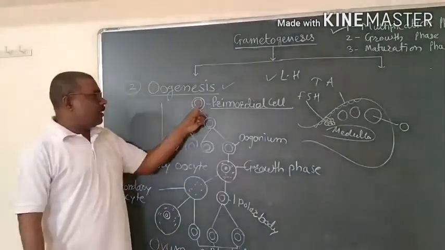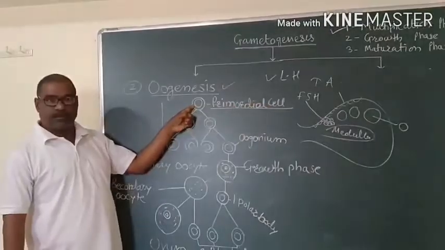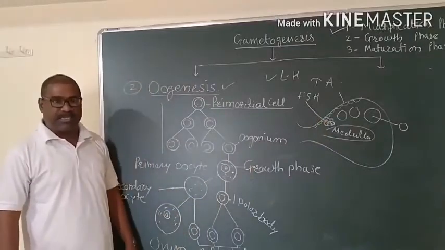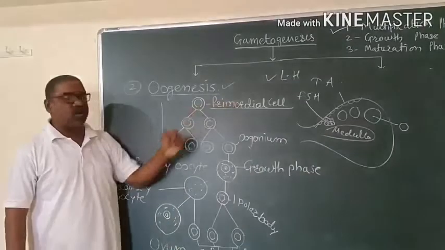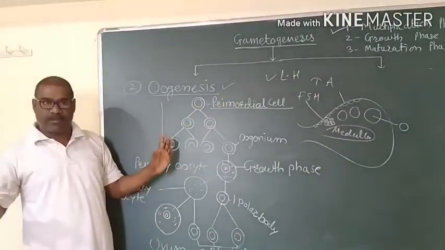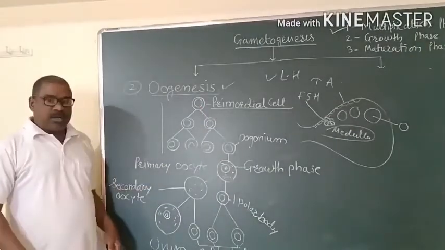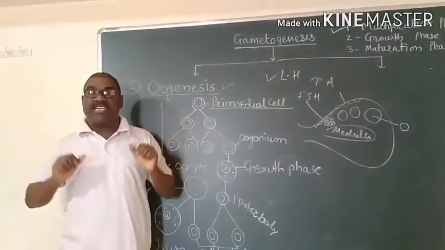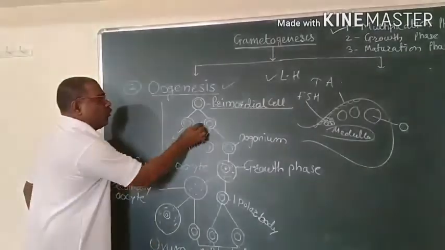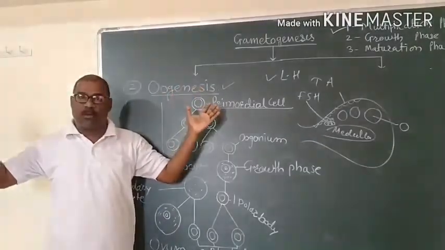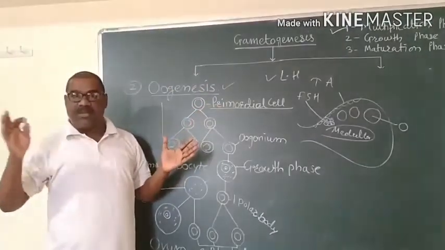Here, this is the primordial cell. Here, this is the germinal epithelial cell, and this primordial cell is the same. Here, this primordial cell divides itself into two daughter cells, same as the parent because of mitosis, cell division.